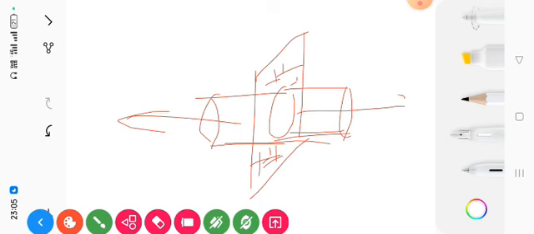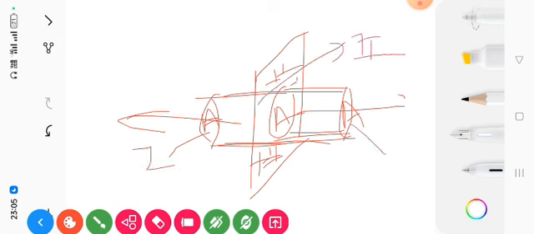So this area is A, and this is also A. How much flux? Again, we can divide the Gaussian surface into 3 parts. This is the first region, the second region will be the curved surface area, and the third region will be here. The electric field is in this direction.